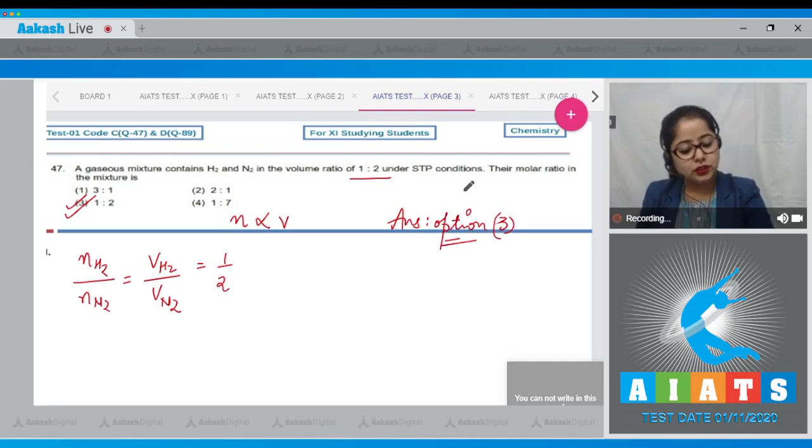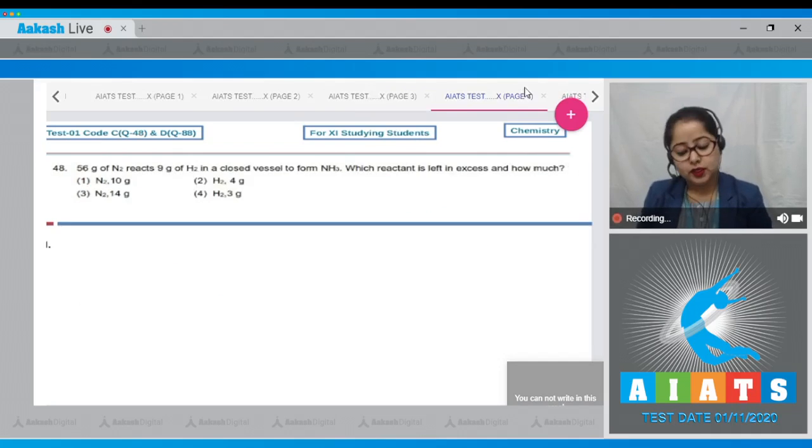Proceeding to next question, which is 48. Let's read the question. 56 gram of N2 reacts with 9 gram of H2 in a closed vessel to form NH3. Which reactant is left in excess and how much? So student, first of all, I have to write the balanced reaction that occurs between N2 and H2 to form NH3. I'm writing it.